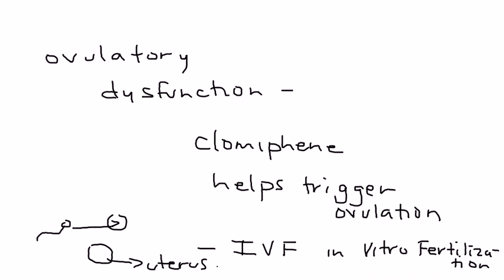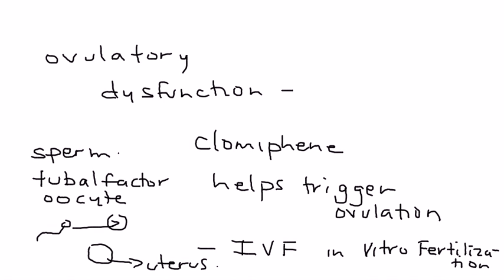And that can be done when you have problems with the fallopian tube, for example, or problems with the oocyte, ovarian reserve being decreased, or problems with the sperm, where there's not enough sperm to fertilize an egg.